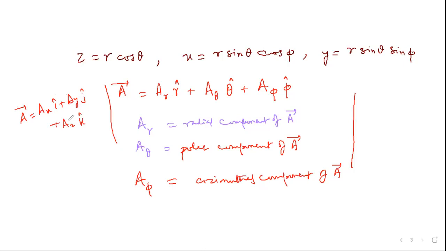I am saying that there is a relationship between unit vectors i cap, j cap, k cap, and these three unit vectors, that is r cap, theta cap, and phi cap. I will give you those relations directly without any proof.